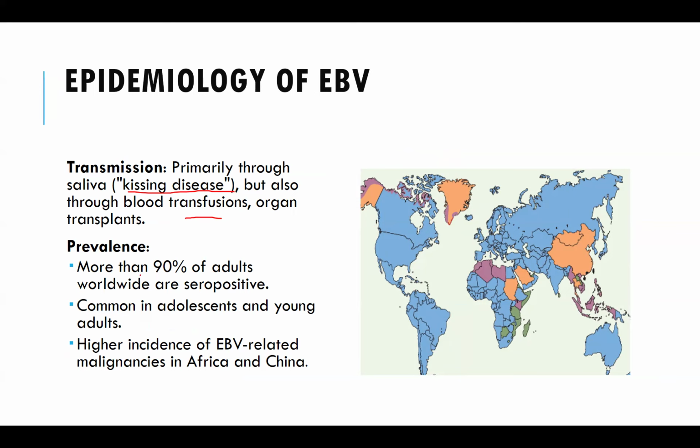If you do serology, 90% of adults have a seropositive result, meaning that at some point they got infected with this virus. It is very common in adolescents and young adults, and this is the category that usually sees manifestation of the disease. Higher incidence has been reported in patients who have malignancy and those in Africa and China.